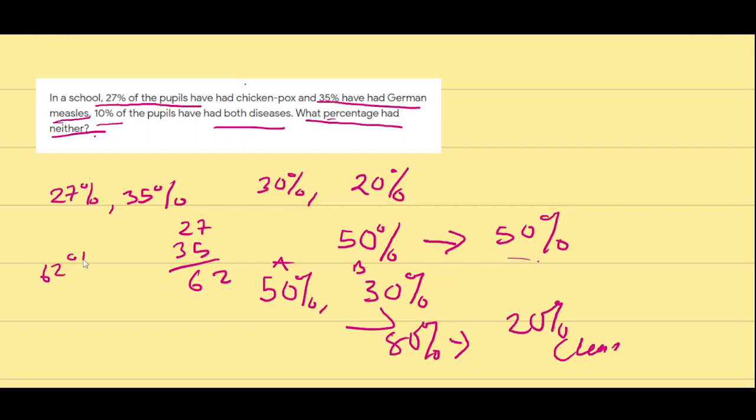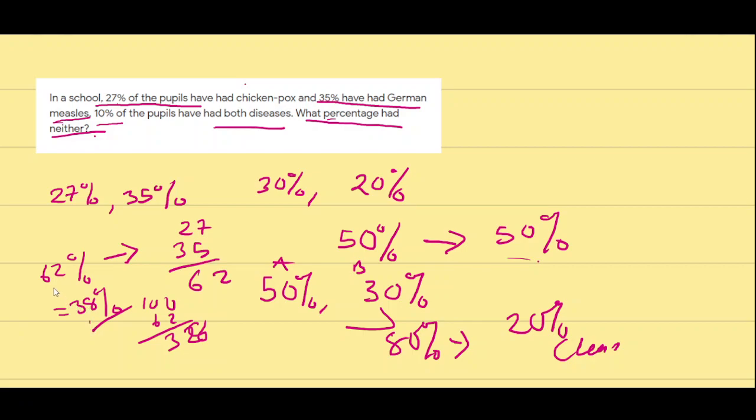So you say 62% are infected. Therefore 100 minus 62 is 38. So 38% are not infected. If you get 38%, you may be wrong.